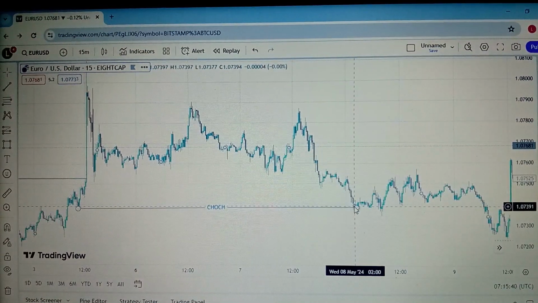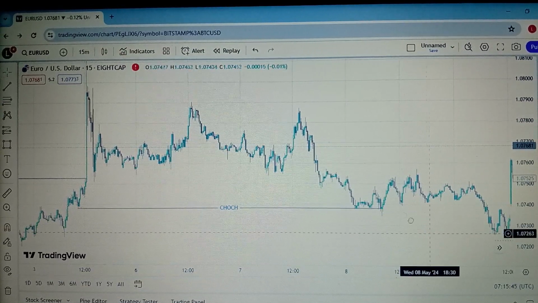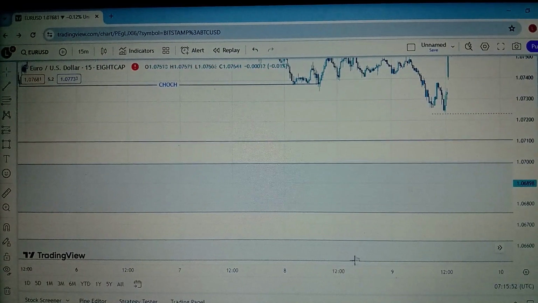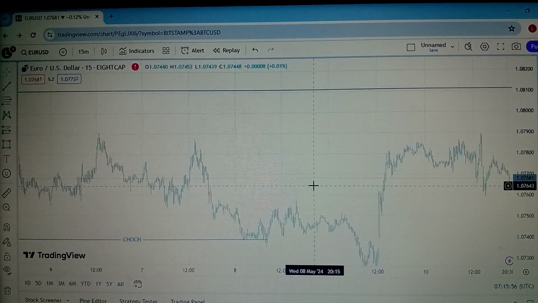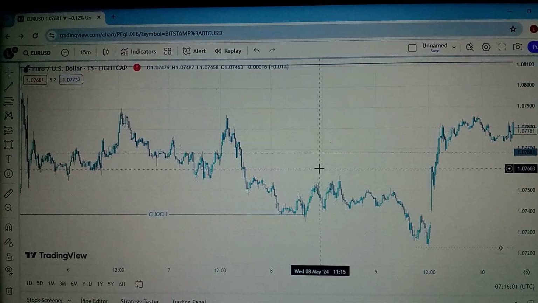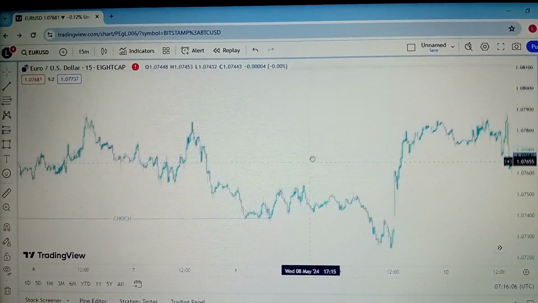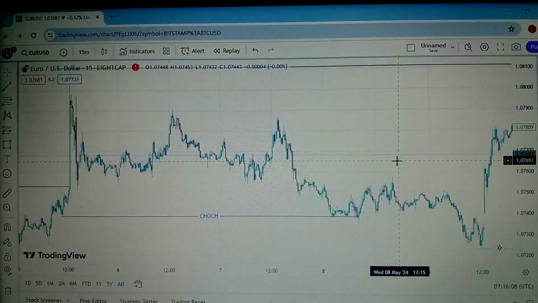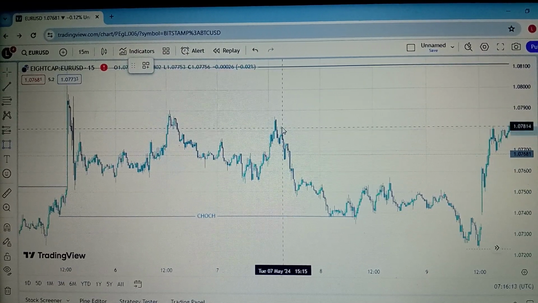I'll be looking to short the market, targeting the levels of demand down there. Price changed character, so I look for areas of supply. Area number one will be this supply level right here.